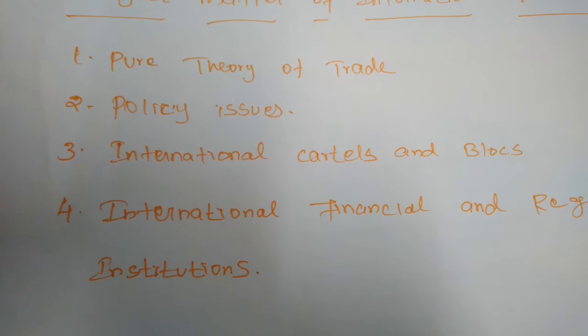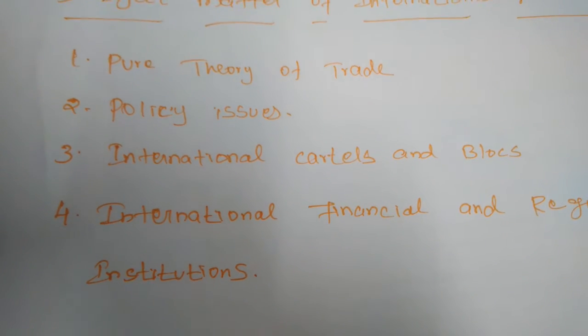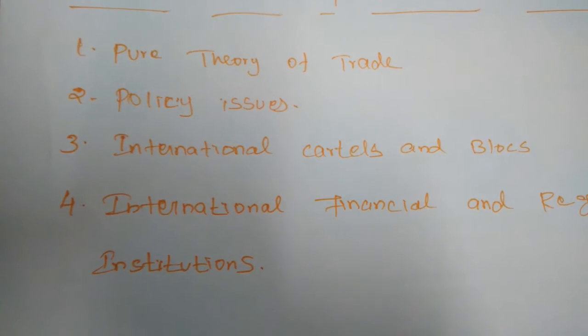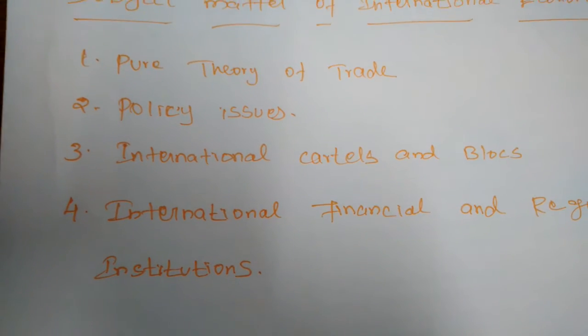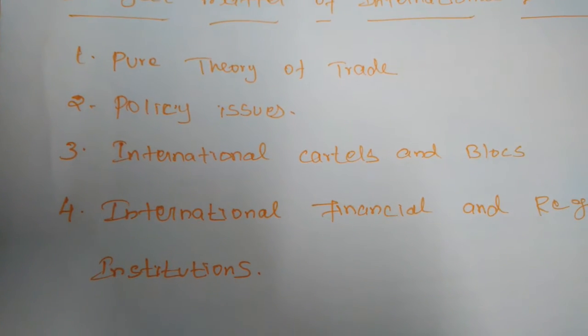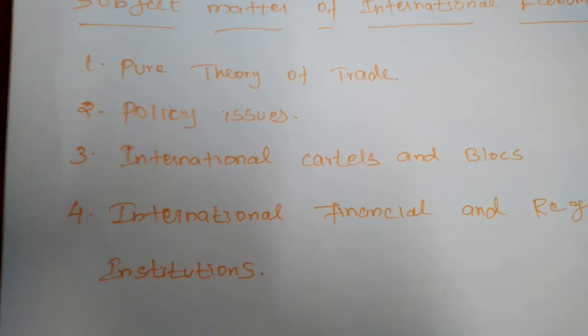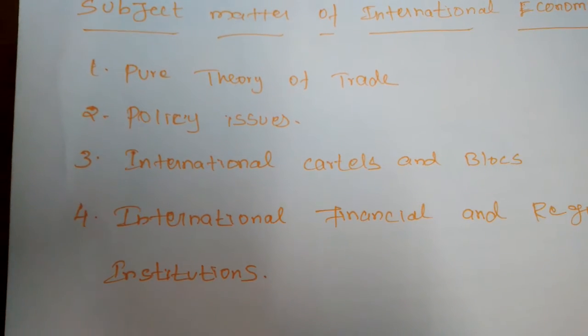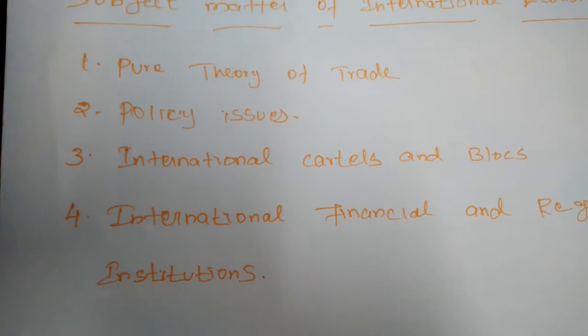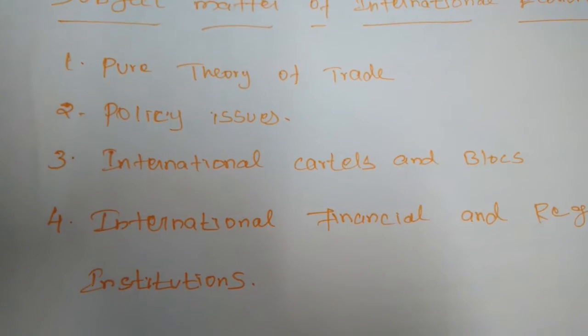What are the uses of taxes in international trade? And what are subsidies and dumping followed in international trade, and exchange control and convertibility, foreign aid, external borrowing and foreign direct investment. Everything we will study in the policy issues.